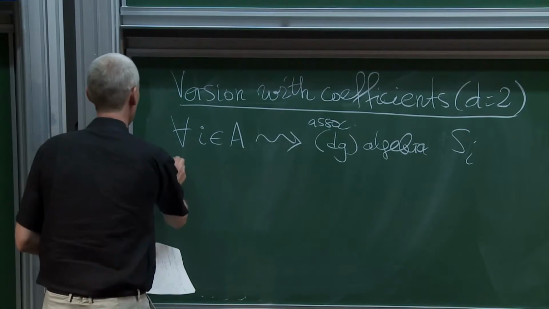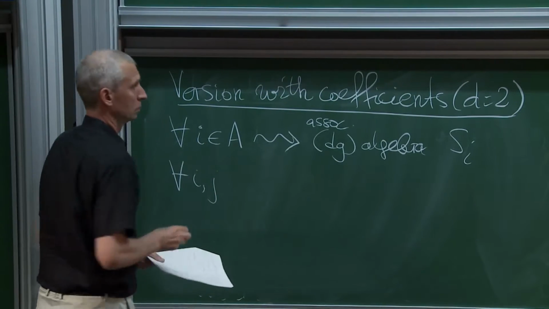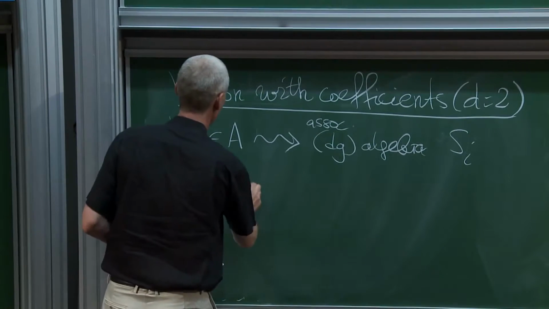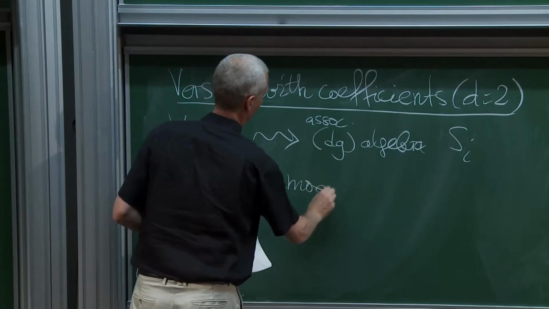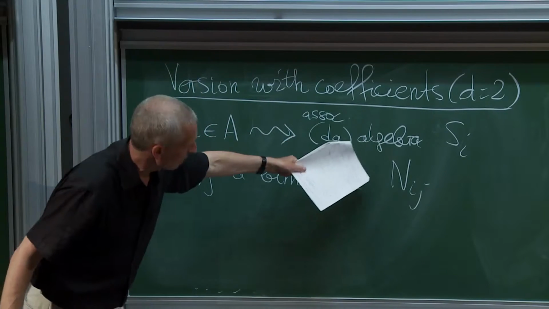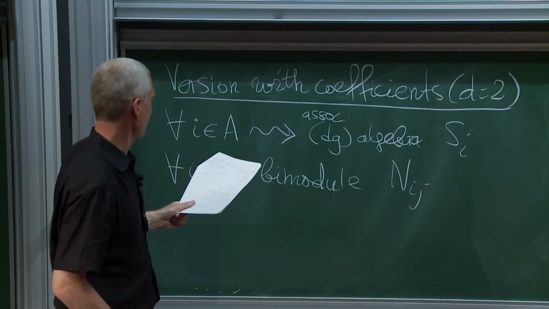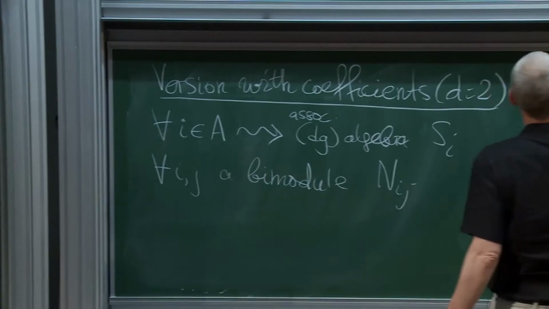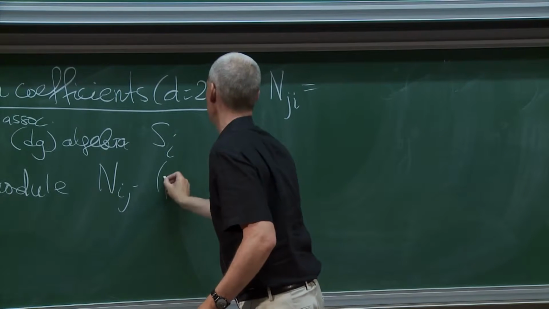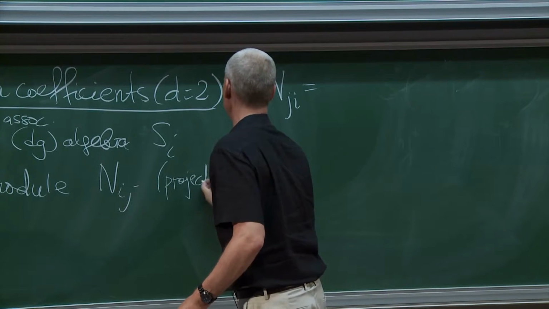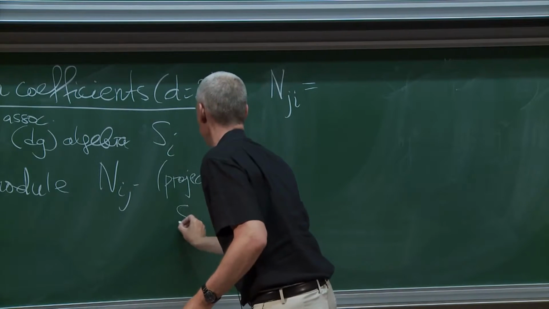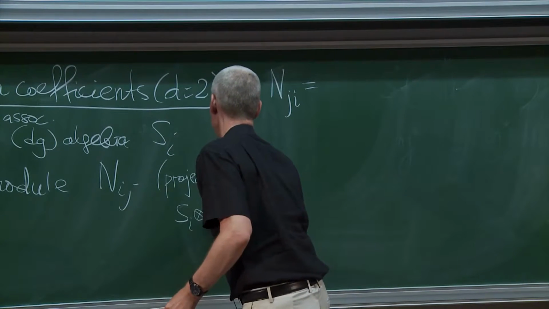For every pair of indices, it may or may not be commutative, but we don't require this. A bimodule N_ij, so a bimodule left over S_i, right over S_j. Such that N_ij, we'll assume this is projective over the tensor product S_i tensor S_j op.